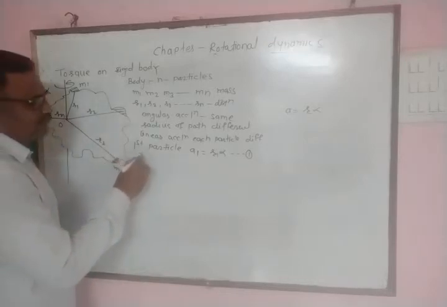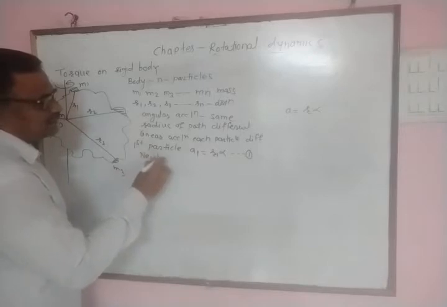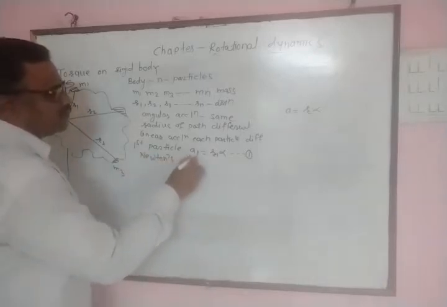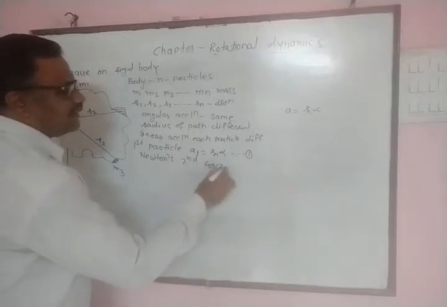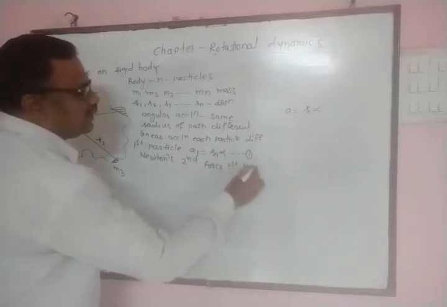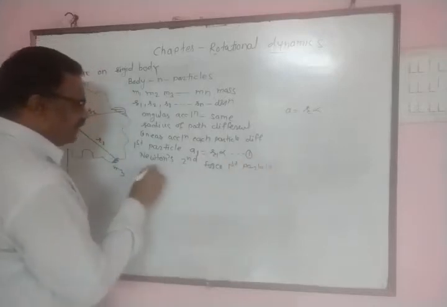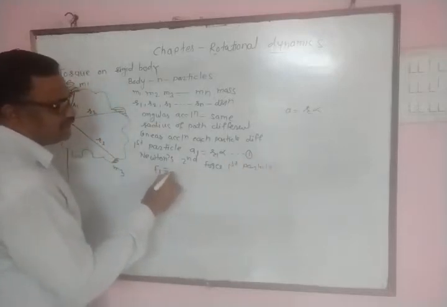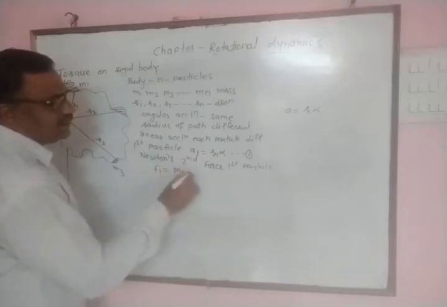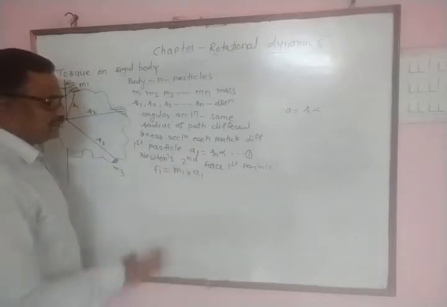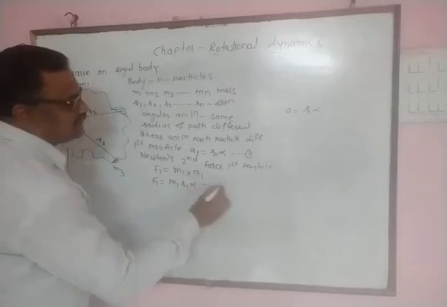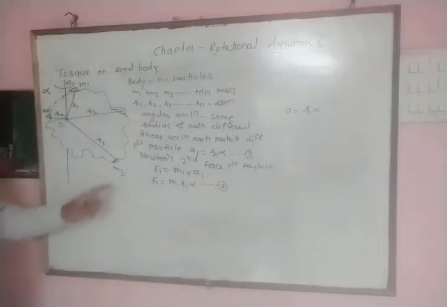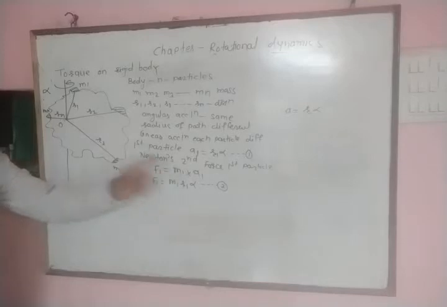Now, by using Newton's second law of motion, force acting on the particle, suppose denoted by F1, is equal to mass of particle into its acceleration. Therefore, F1 equals m1 into r1 into alpha, and this is equation number 2. Force acting on a particle.